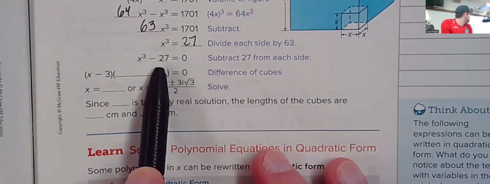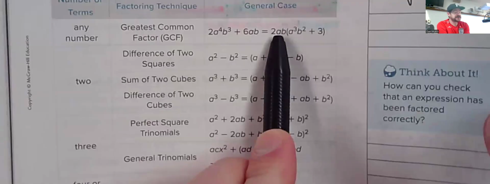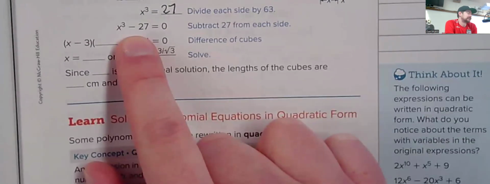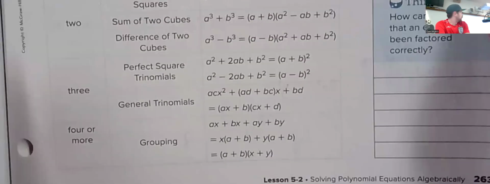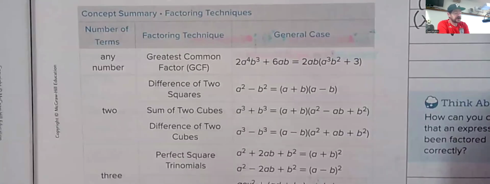And then we've got two terms here. So based on what we did yesterday, if we look at our table at the beginning of the lesson, first look for greatest common factor between the two terms. Is there a GCF between x cubed and 27? No. All right. Then we look at number of terms right here. There are two terms in this particular polynomial.